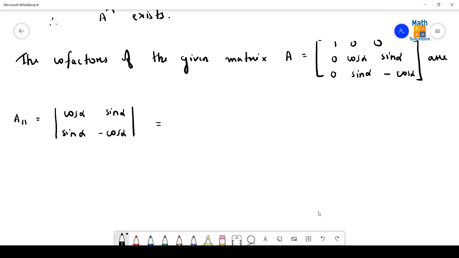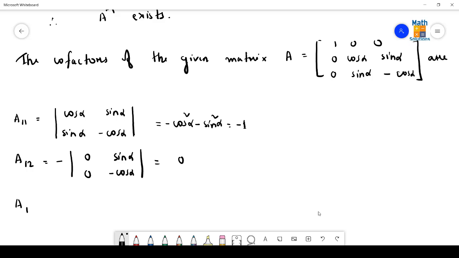This is ultimately minus cos square alpha minus sin square alpha, so the result comes as minus 1. Similarly, A12 will become negative of the determinant with 0, sin alpha, 0, minus cos alpha. The result will be 0. Then A13 will be 0, cos alpha, 0, sin alpha. The result will be 0 ultimately.